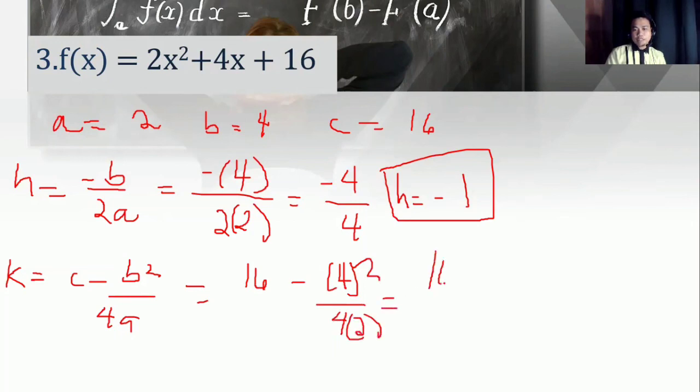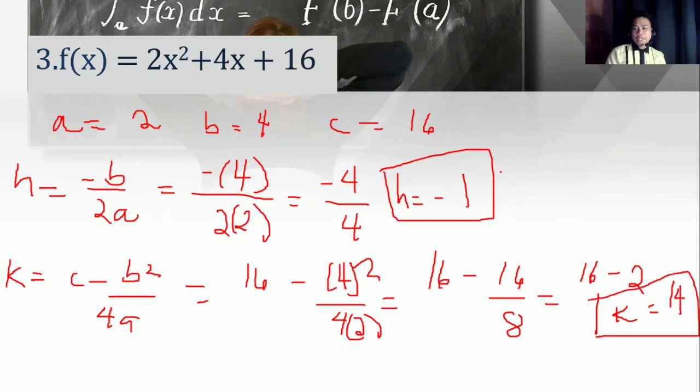Then we have 4 squared, or 4 times 4, we have 16. And 4 times 2, we have 8. Simplify 16 minus 16 over 8, or 16 divides 8, we have 2. So we have k is 14.